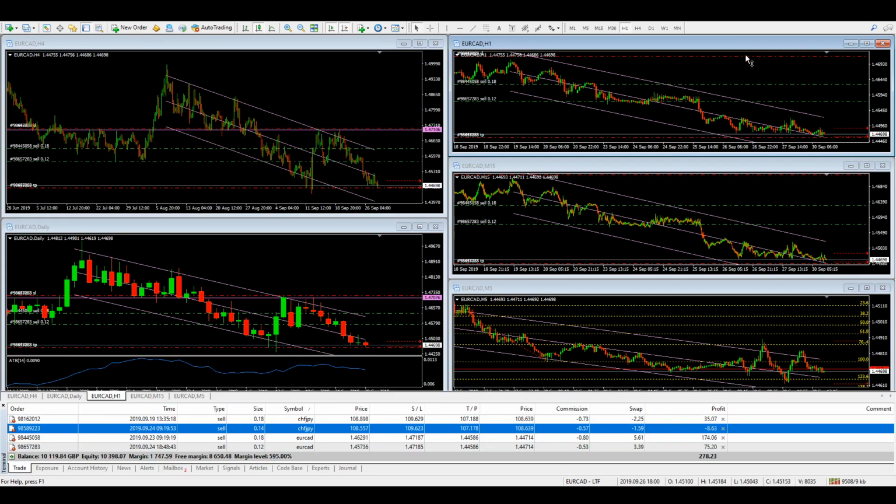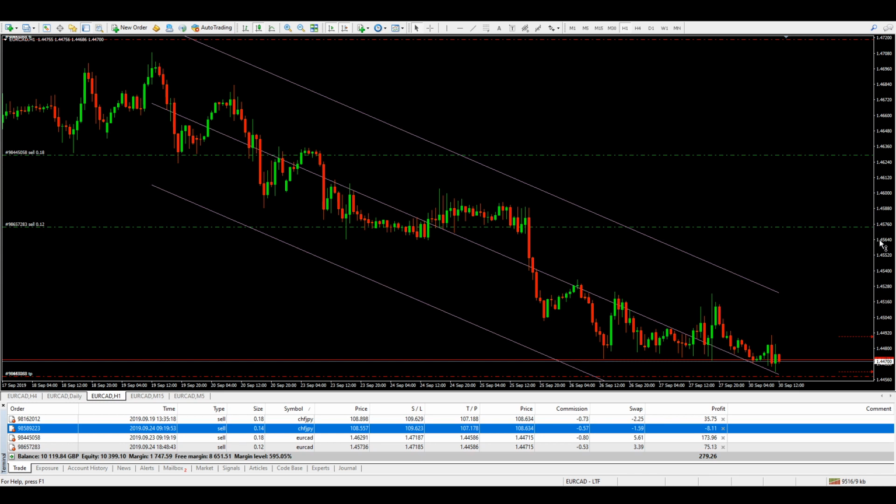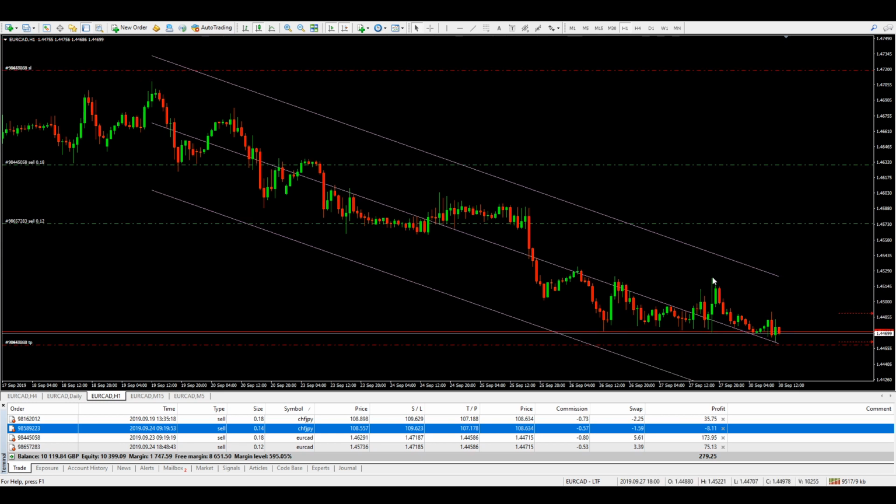I haven't moved these down because I can monitor it in a day. So I'm going to watch if the price does start to reverse and attack these highs here. I'm going to see how they attack it. I'm going to zoom in here, because this lower high is the most recent reference point.